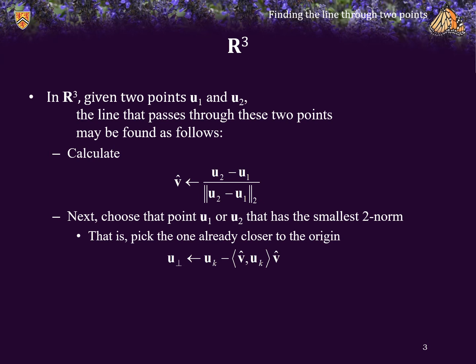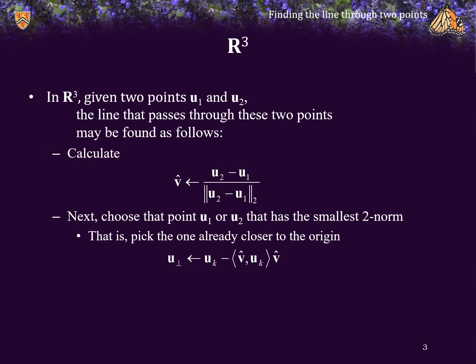Next, choose that point U1 or U2 that has the smallest 2 norm. That is, pick whichever one is already closer to the origin, and then calculate U perp to be this chosen U sub k minus its projection onto the normalized vector v.